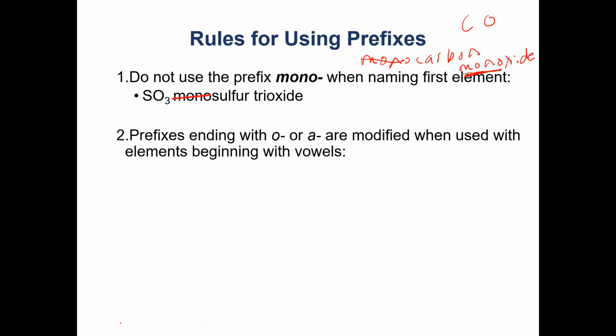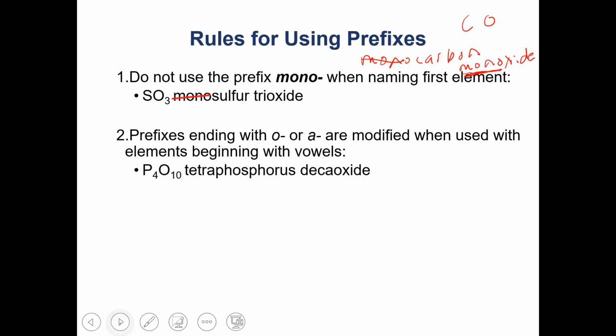Also, when we have prefixes that end in O or A, we drop that O or A if we're putting them in front of an element that starts with a vowel. So, for example, if we have P4O10, we would not call this tetraoxide, we would call it decoxide.